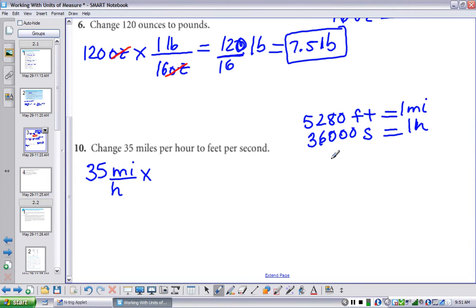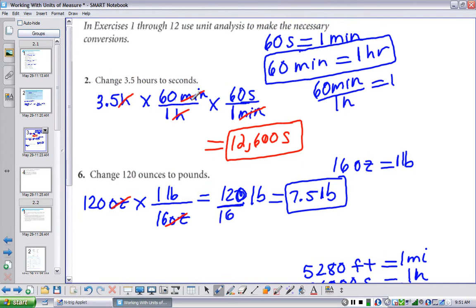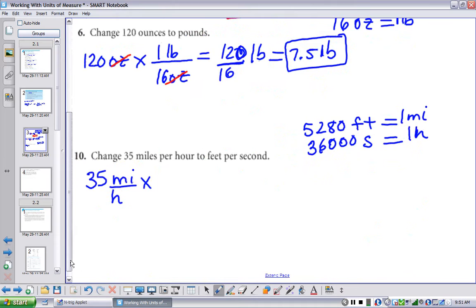Now, you could go through and do the 2-part thing, going from hours to minutes and then minutes to seconds, or you could use this here, okay? Because we've already done that up here in example number 2, and it ended up being 60 times 60, which is 3,600. So let's go ahead. We're going from miles per hour, and we want feet per second.